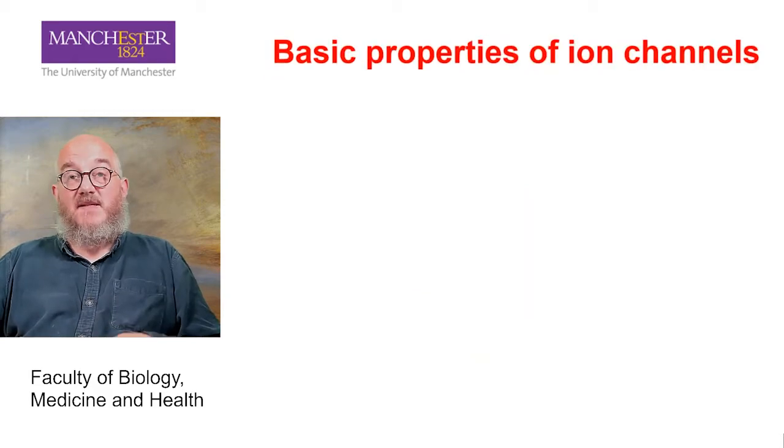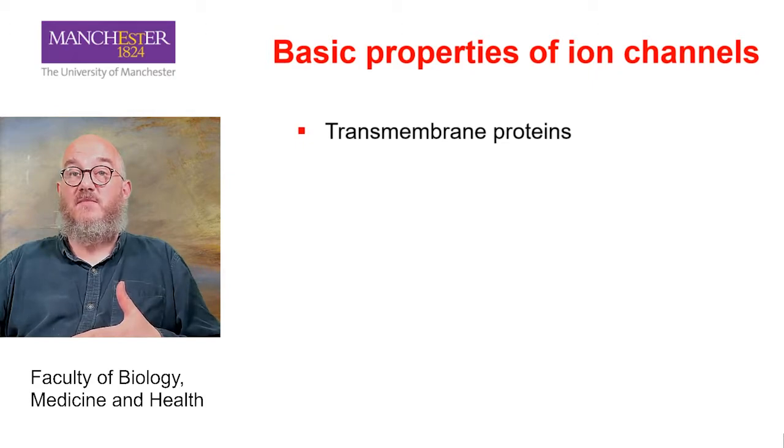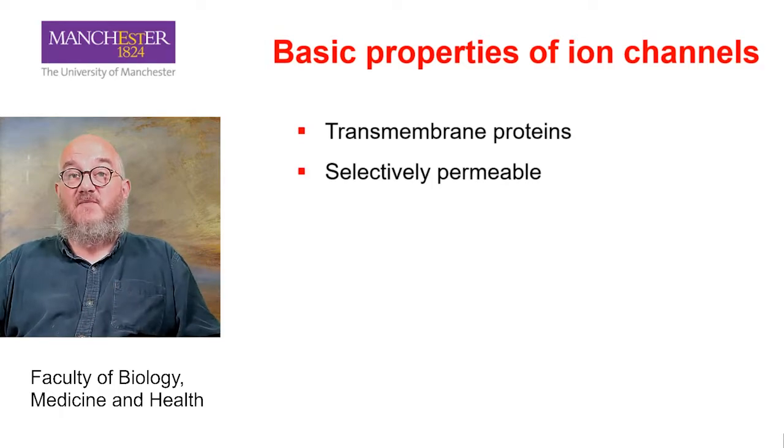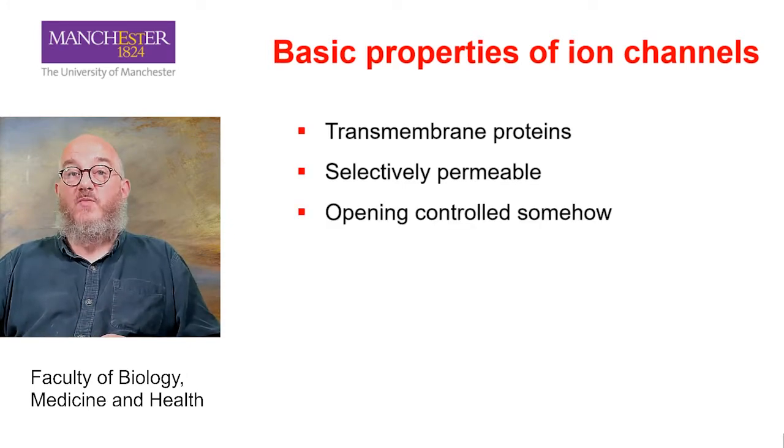So what are the basic properties of an ion channel? Well, if you want to form a protein-lined hole in the membrane, you have to do it with a transmembrane protein. So all ion channels are transmembrane proteins. They all show some degree of selective permeability, so they will only allow certain ions to go through the hole. And their opening and closing are controlled.